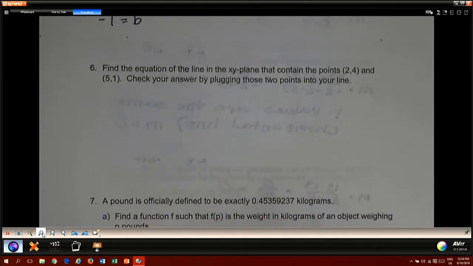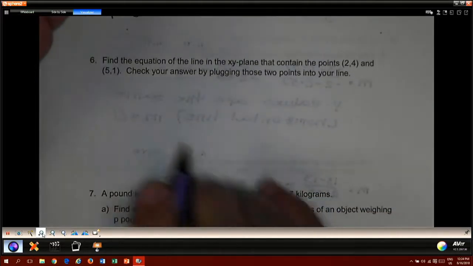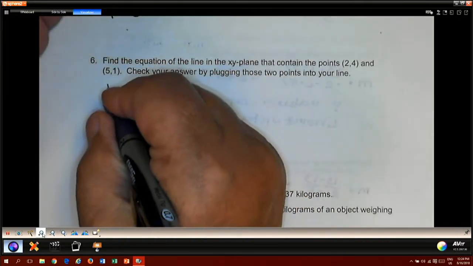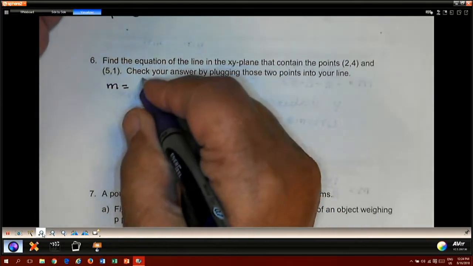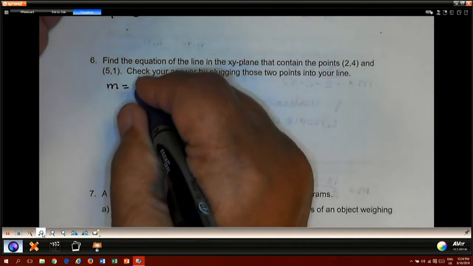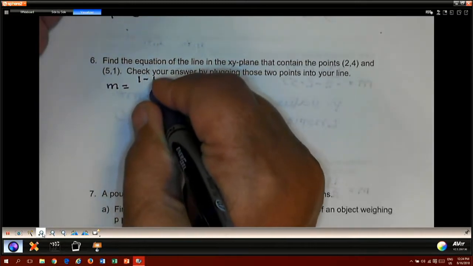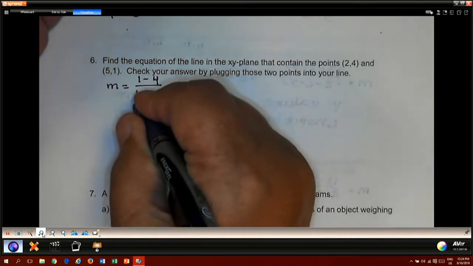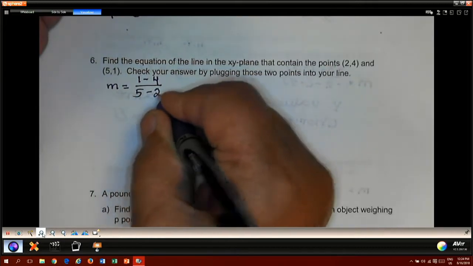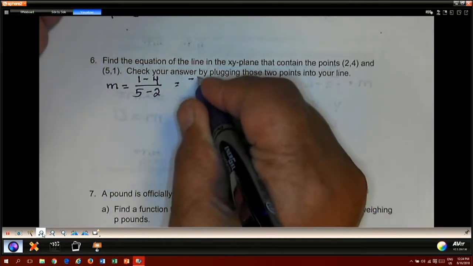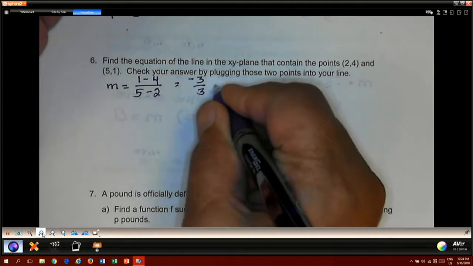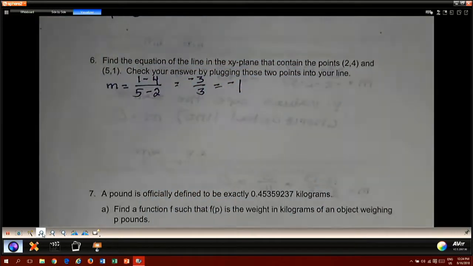Now we're going to do the same thing, but we're given 2 points. So the first thing we need to do is find the slope. So it's going to be 1 minus 4 over 5 minus 2. It's -3 over 3, which is -1.